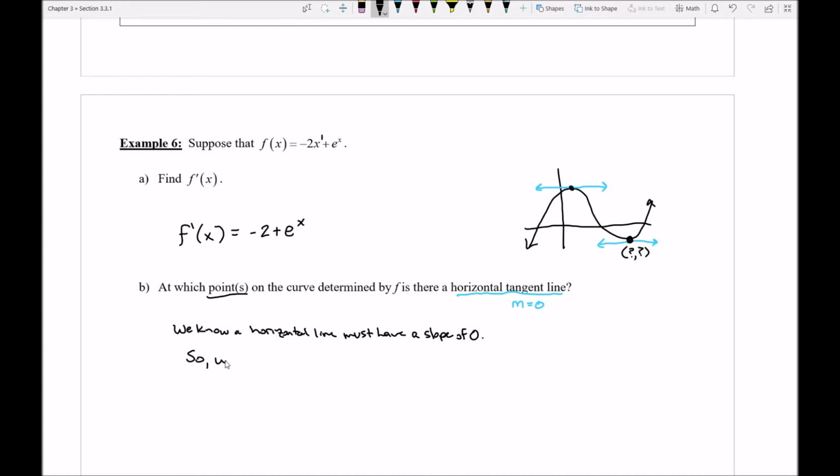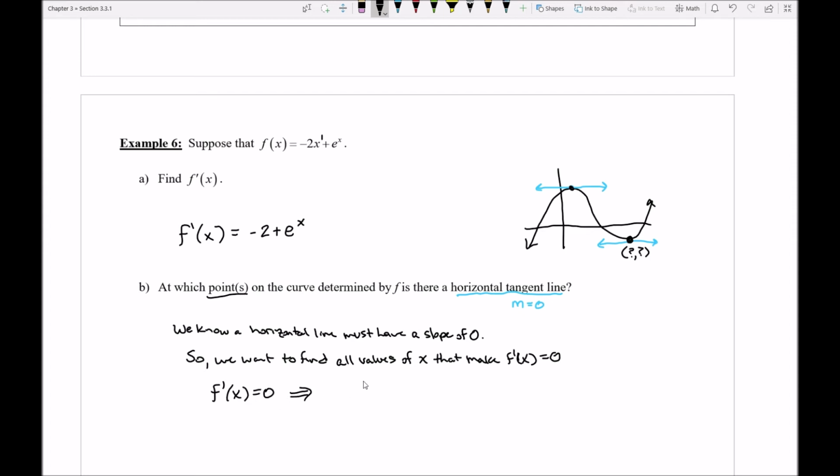So we want to find all values of x that make f prime of x turn into 0, because f prime of x computes the slopes of my tangent lines. So what we really want is to find all x's that make f prime of x equal to 0.